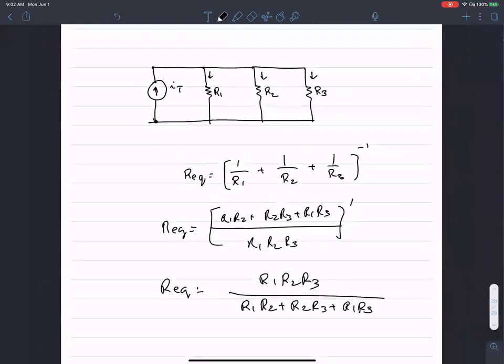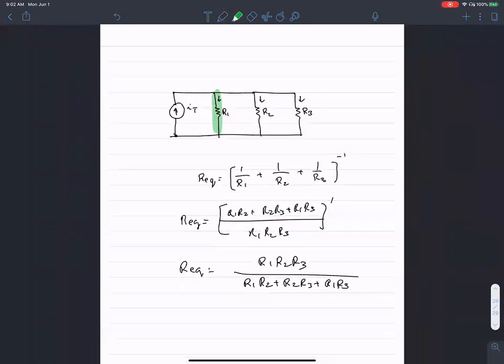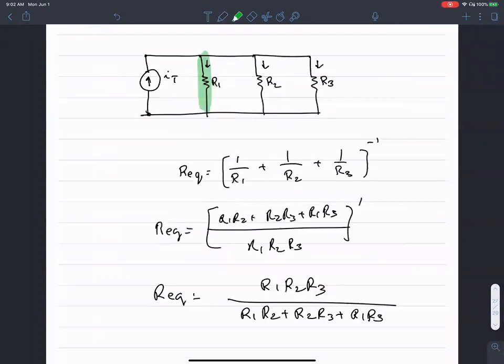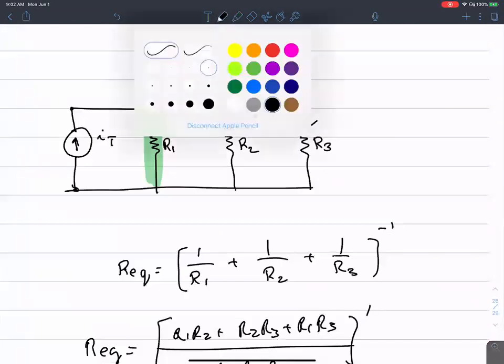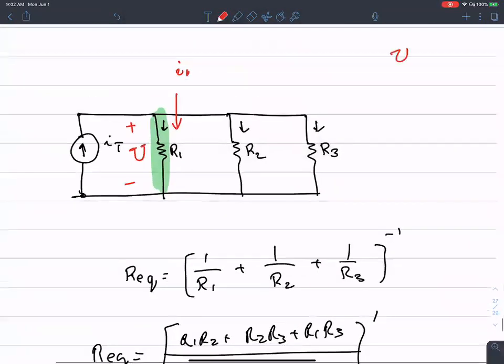Now if I have to find the current through this one, let me call it I1. I1 will be V divided by R1.